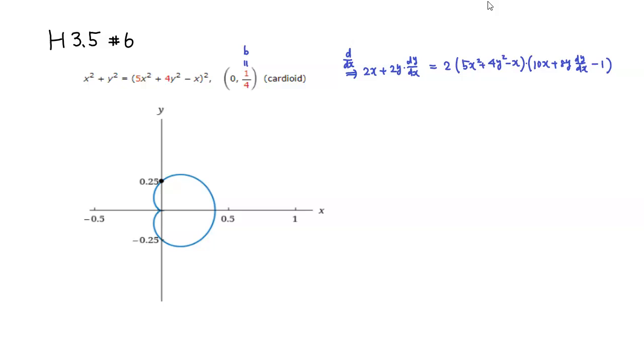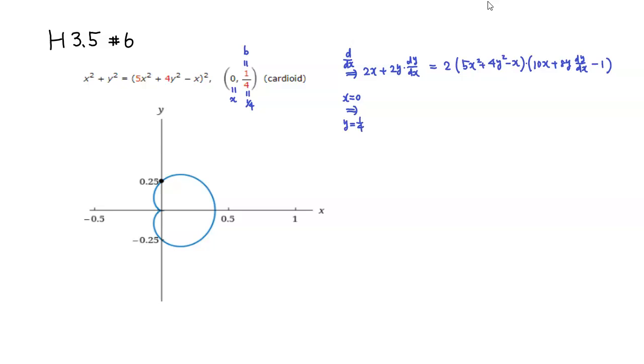Now we can solve for dy over dx, but the easiest way in this case is to plug in the x value and y value, because the x value is given, and the y value is 1/4. So I'm going to plug in x equals 0 and y equals 1/4.